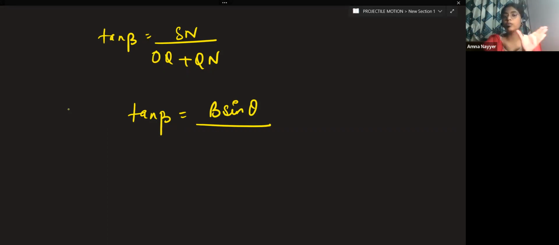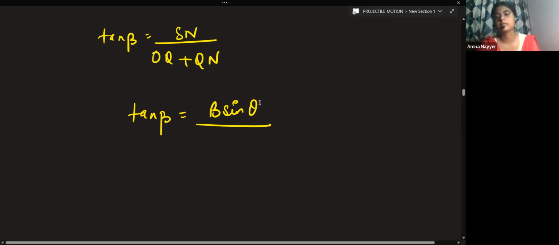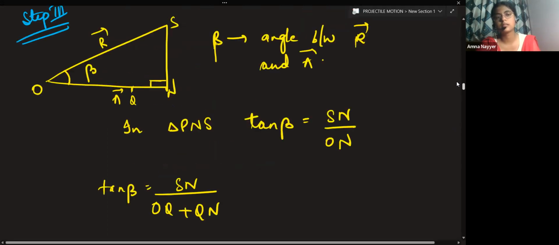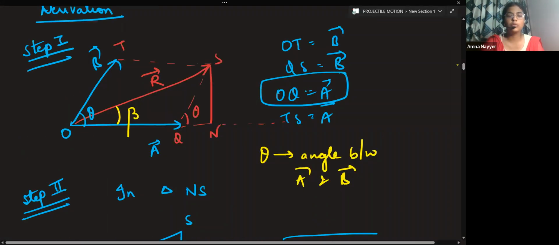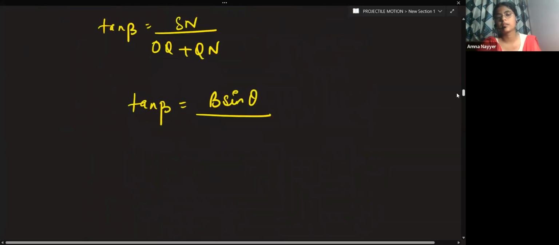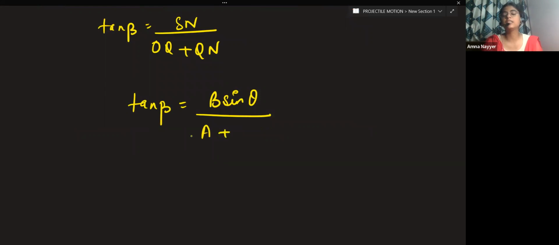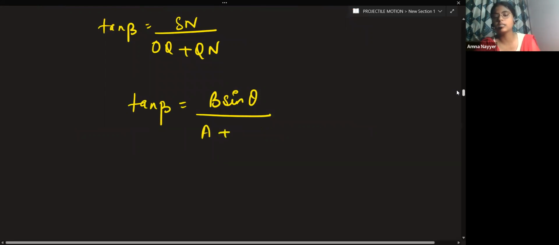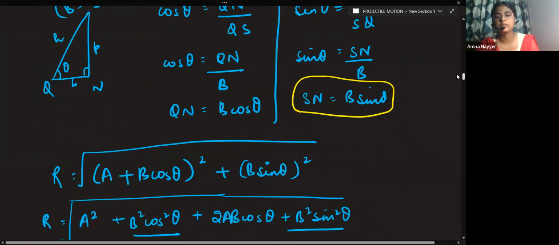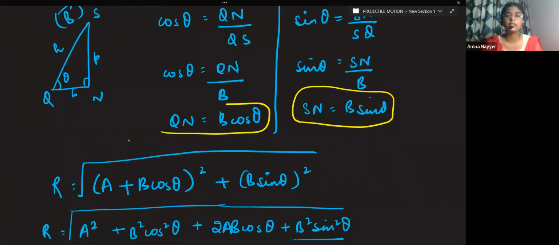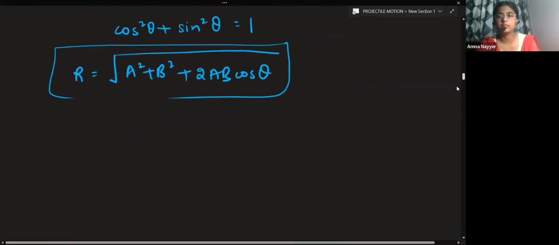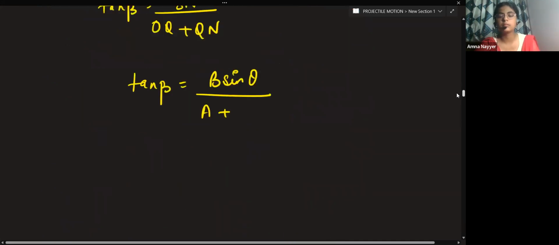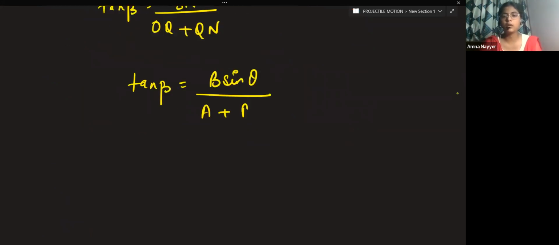OQ is the vector A. Plus QN. QN came out to be B cos theta.